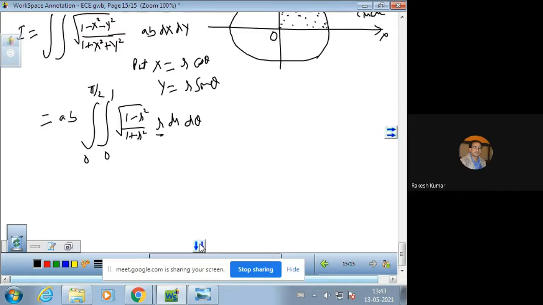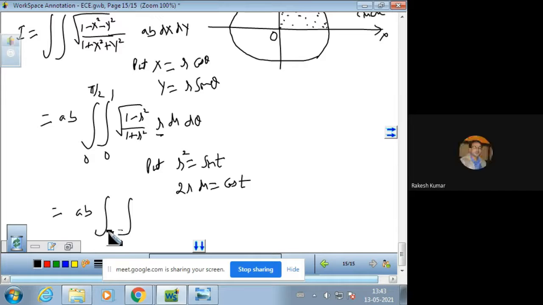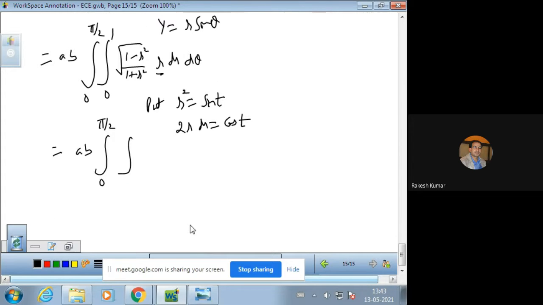Now we can use a substitution method by putting r square equal to sine t, so r dr is equal to cos t dt by 2. This is very important. The limits of theta will be as they are, 0 to pi by 2, but the limits of r will vary. When r is 0, sine t is 0, so t is 0.